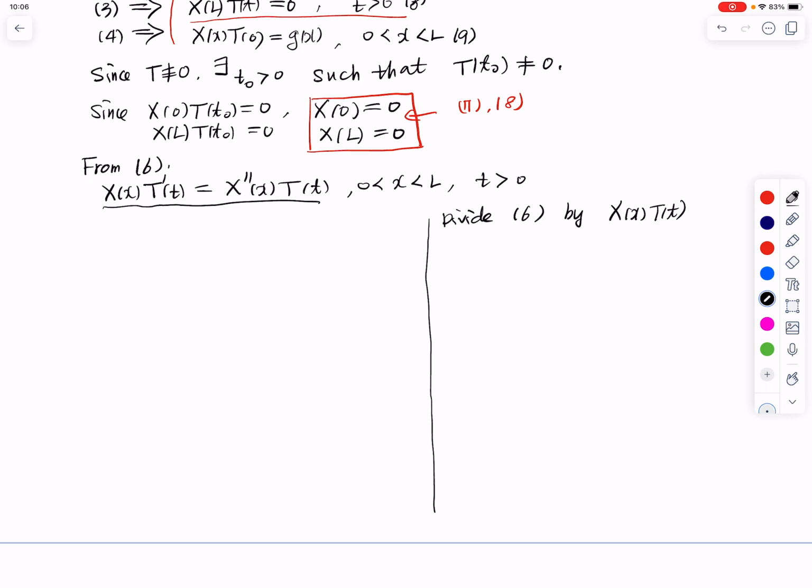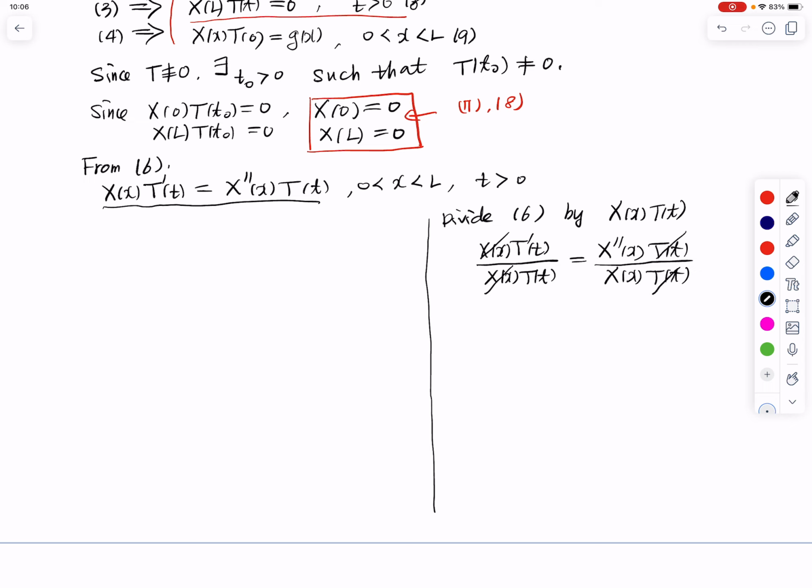So then I have X(x)T'(t) divided by X(x)T(t), and X''(x)T(t) divided by X(x)T(t). Okay, then you can cancel these two.